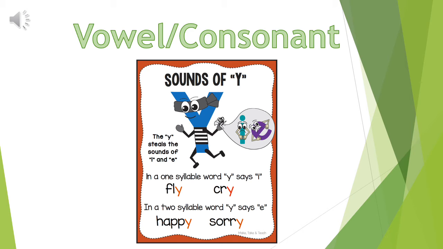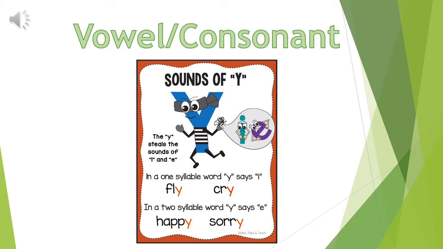Sometimes the Y steals the sound of an I or an E, and then it is seen as a vowel. For example, at the end of a word, like fly or cry, the Y takes the sound I, and then the Y becomes a vowel.